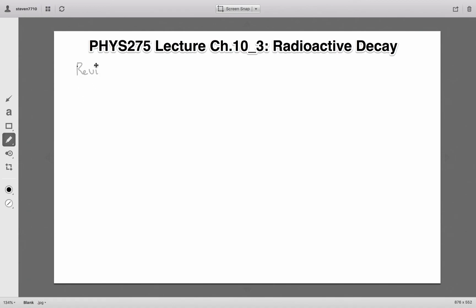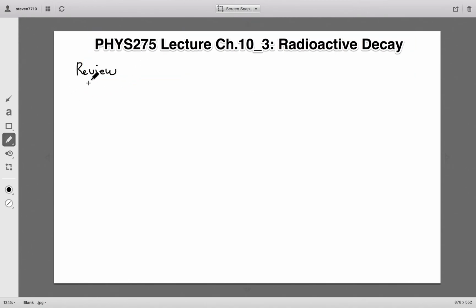Let's review. N is the number of nuclei of your material at time t, and N0, of course, is the number of nuclei at time t equals 0.